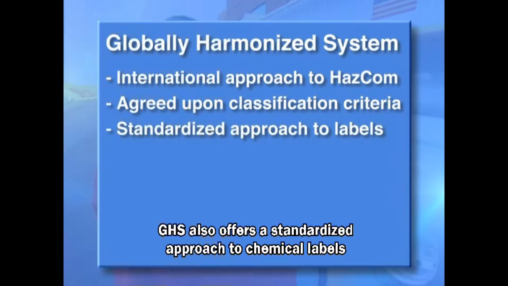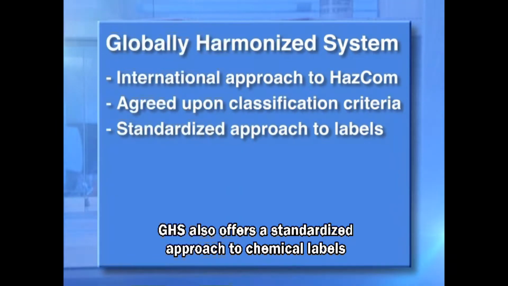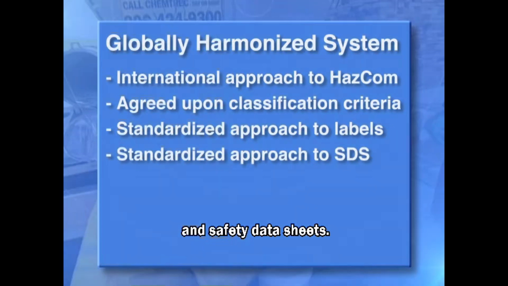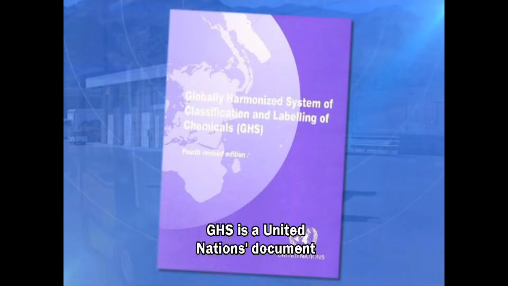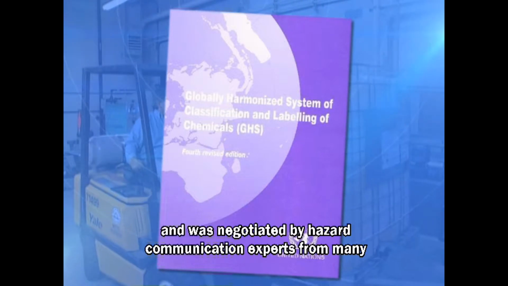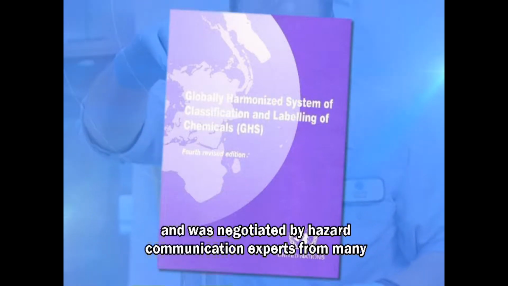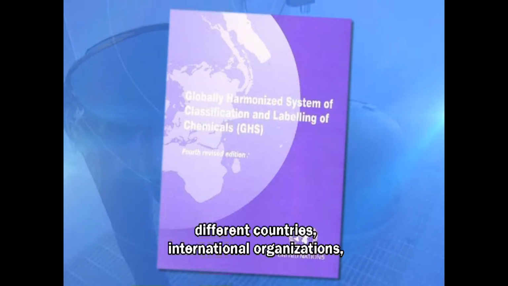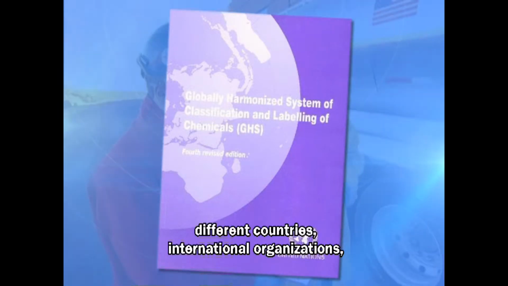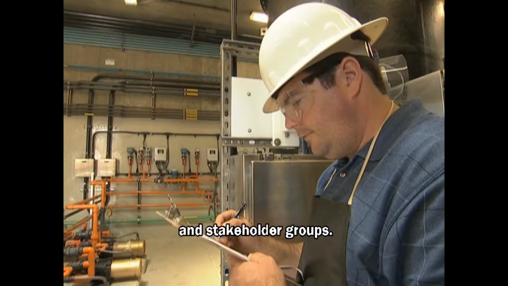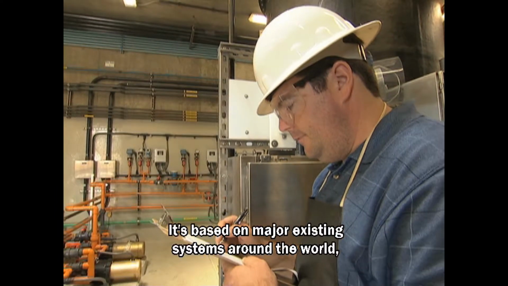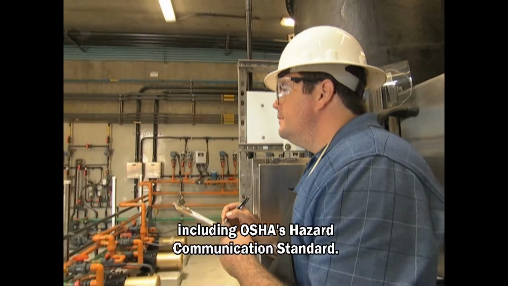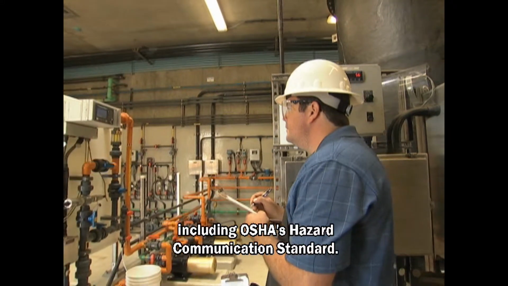GHS also offers a standardized approach to chemical labels and safety data sheets. GHS is a United Nations document and was negotiated by hazard communication experts from many different countries, international organizations, and stakeholder groups. It's based on major existing systems around the world, including OSHA's Hazard Communication Standard.